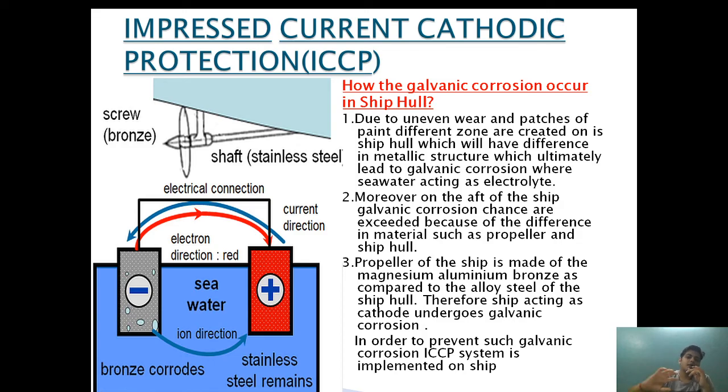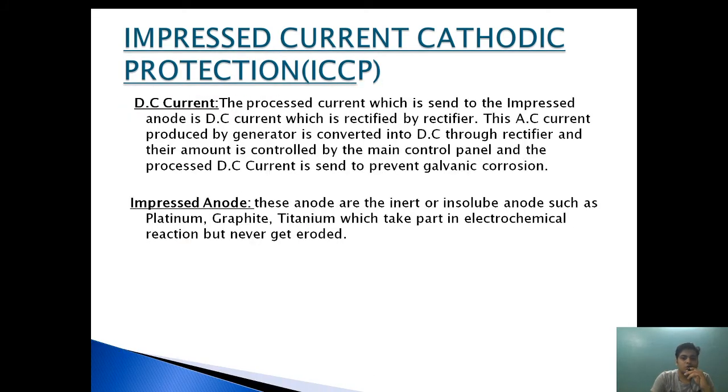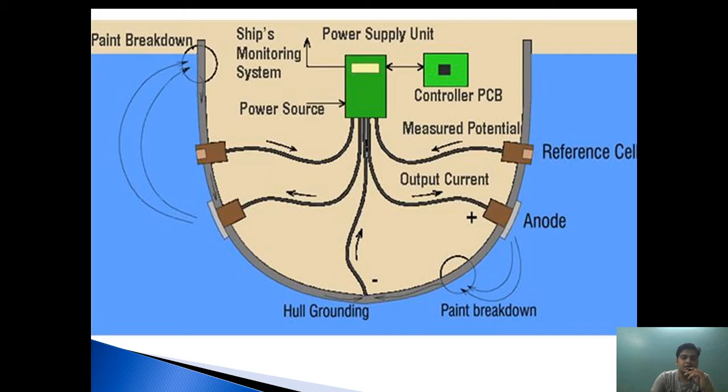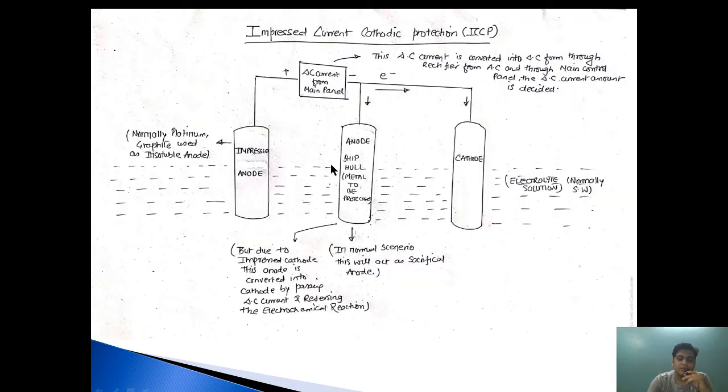By imposing a slightly more current in a reverse direction, we are making the ship hull a cathode. Instead of an anode, it is converted into a cathode, and hence the hull corrosion is prevented.